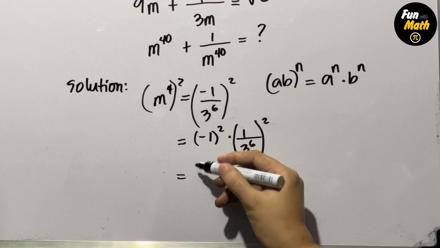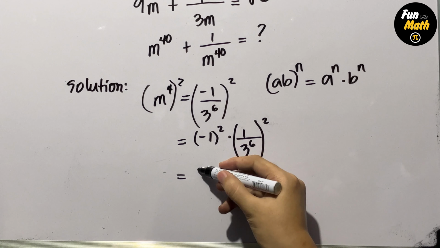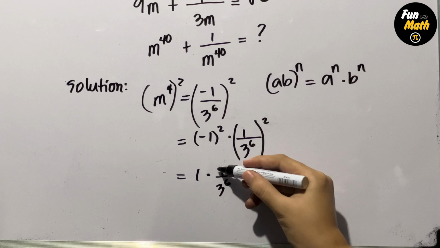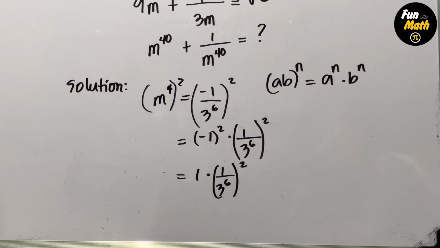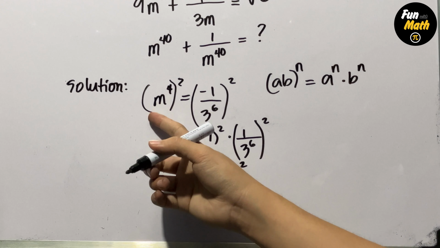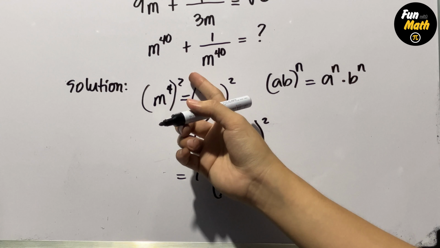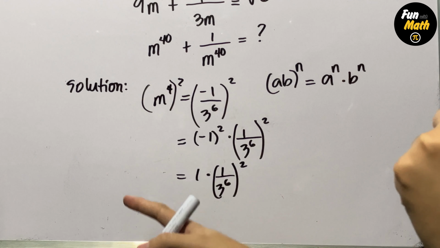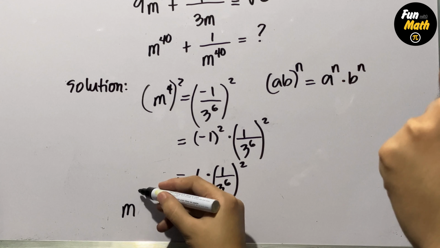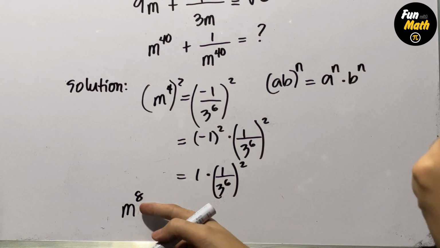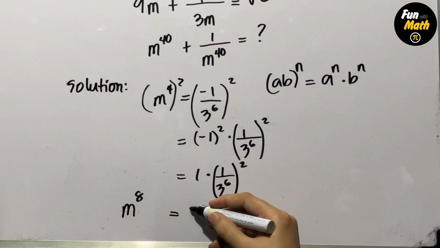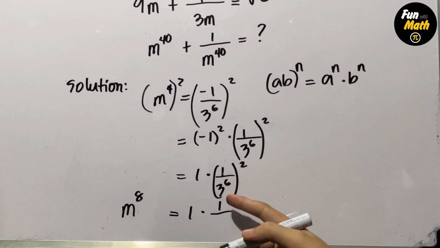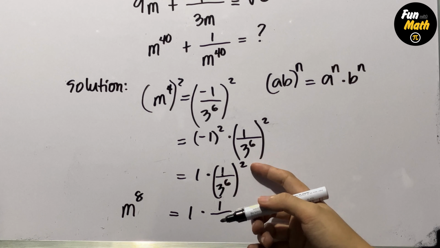Negative 1 squared is positive 1, then times 1 over 3 to the power of 6, all to the power of 2. Now for m to the power of 4 whole to the power of 2, we multiply the powers, following the rule of a power to a power. So this is now m to the power of 8, since 4 times 2 is 8, equals 1 times 1 squared, which is 1, over 3 to the power of 6 squared.